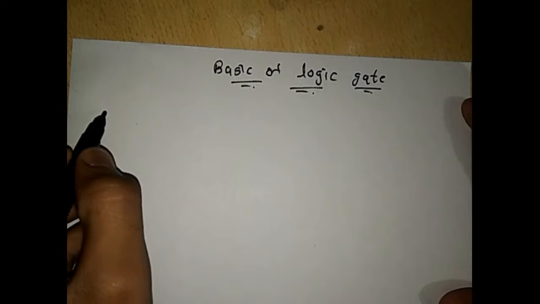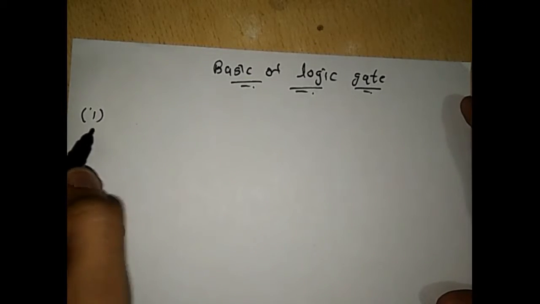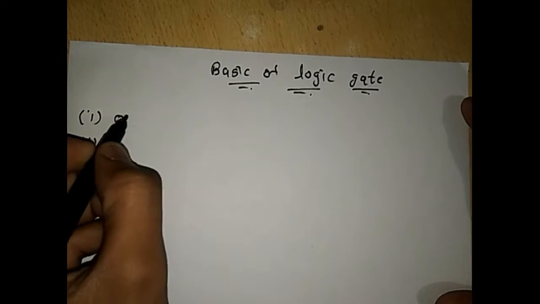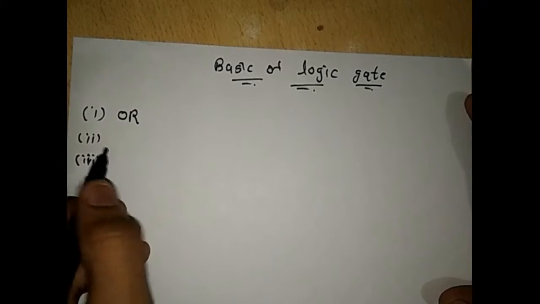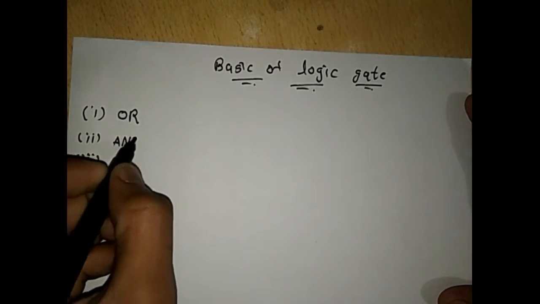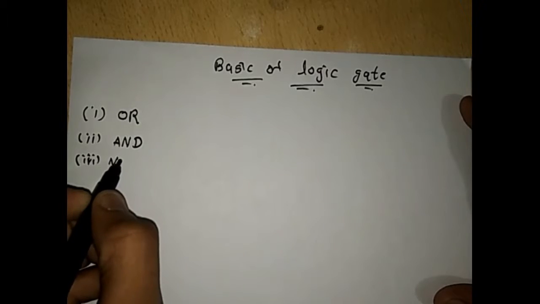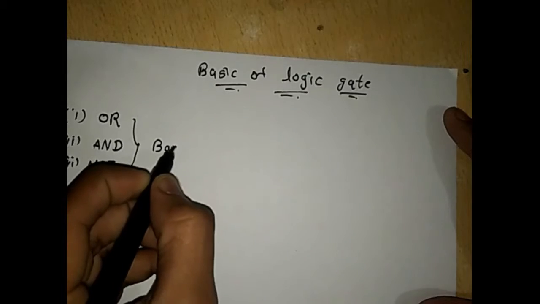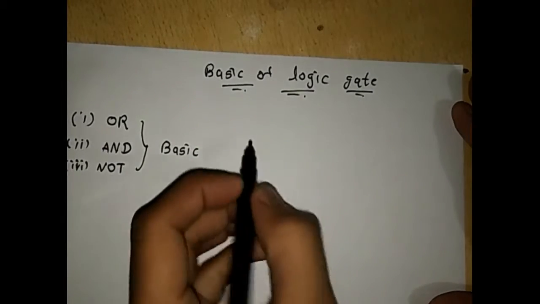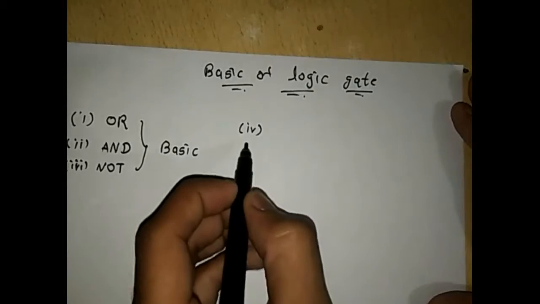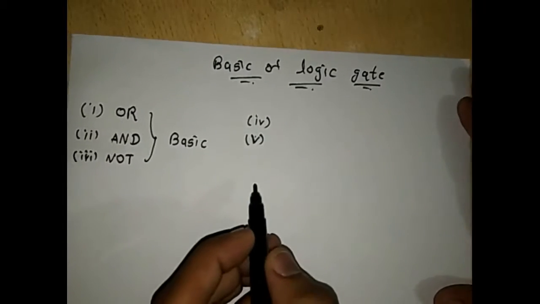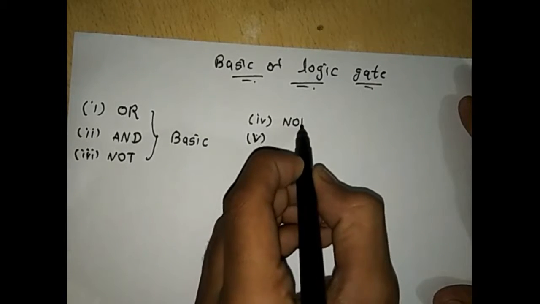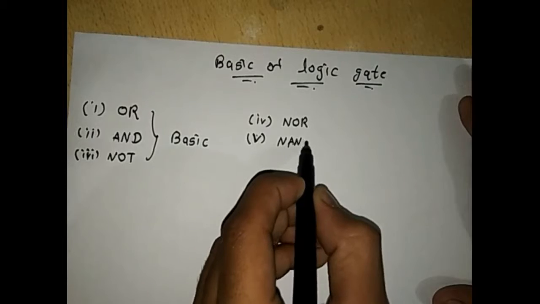Okay, so first of all the basic gates, we have three basic gates. First one is OR gate, second one is AND gate, and last one is NOT gate. These three are our basic gates, while the fourth and fifth are universal gates, that is NOR gate and NAND gate.